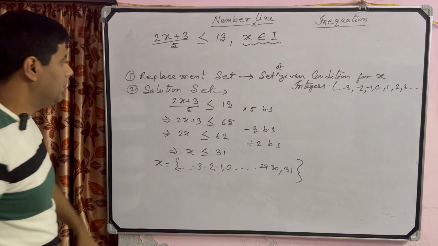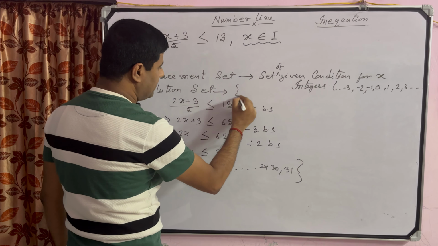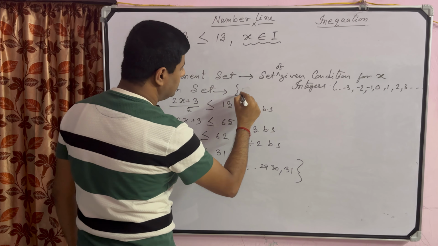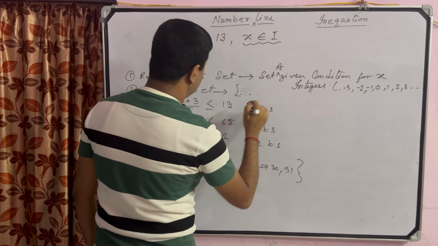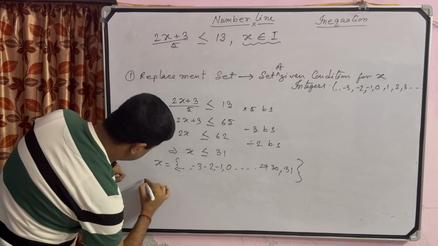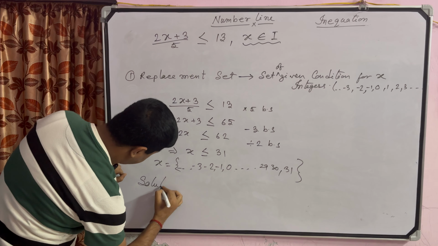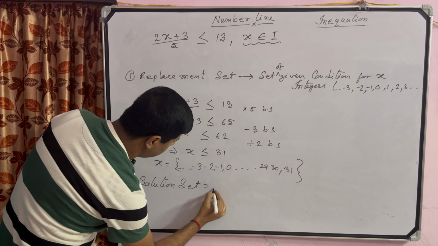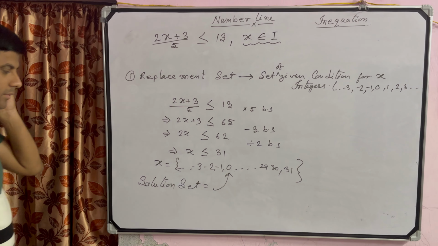So this is called replacement set. Or better, you will be writing the solution set at the end. So solution set will be this one. This will be the solution set.